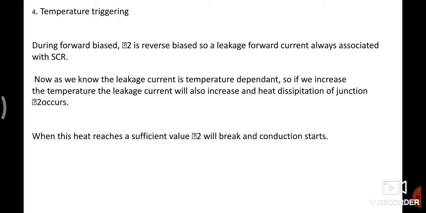These leakage currents depend upon the temperature. So if you increase the temperature, automatically the leakage current also becomes more. If the leakage current is more, junction J2 will break down and start conduction. That is the basic concept we are applying.